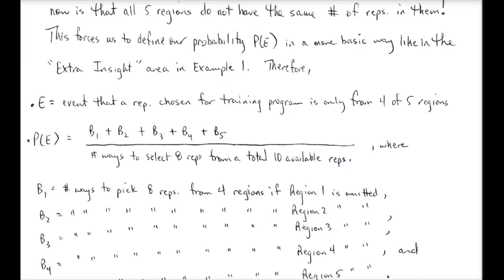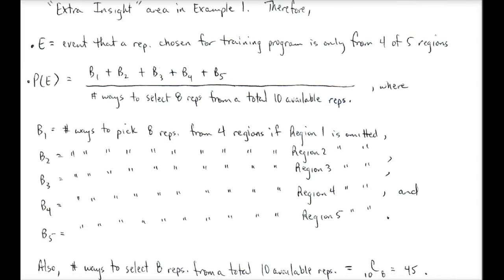So in doing it this way, now I have b sub 1 plus b sub 2 all the way to b sub 5. This is just my new notation for saying, these are the ways I'm going to pick 8 representatives from the 4 regions if I omit one of the regions. B1 represents region 1 being omitted, B2 represents region 2 being omitted, and so on and so forth.